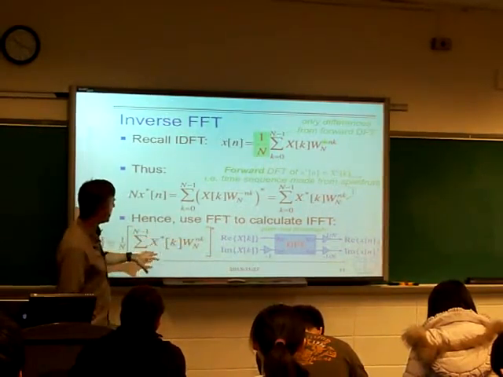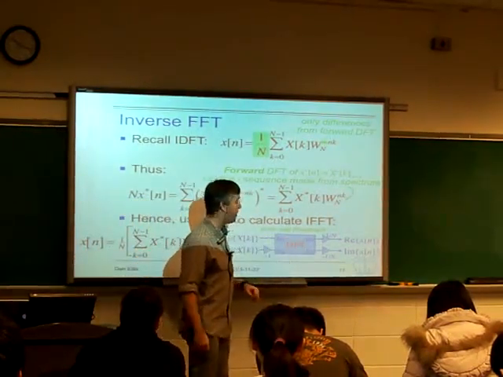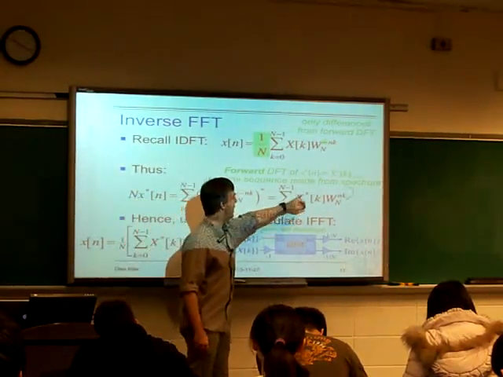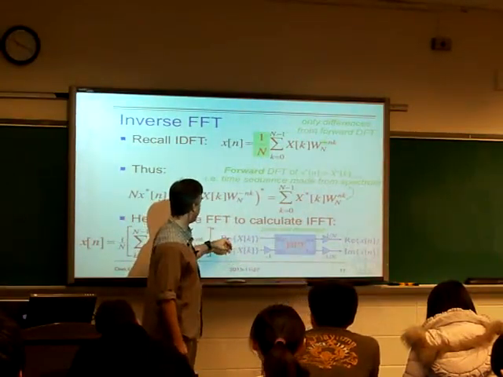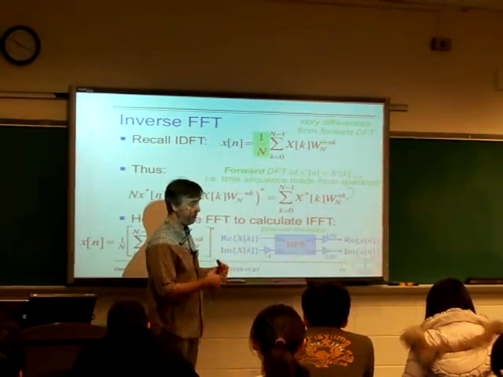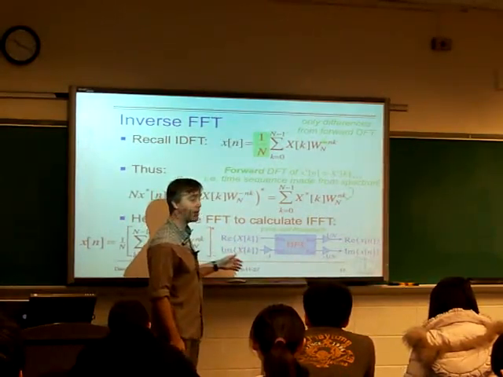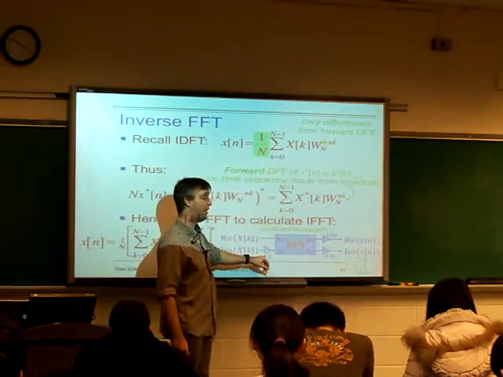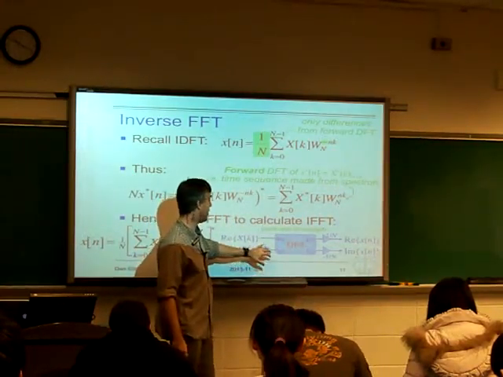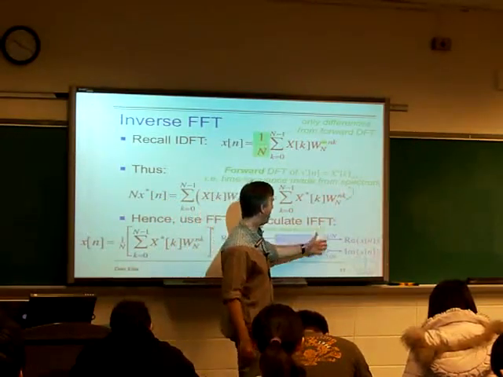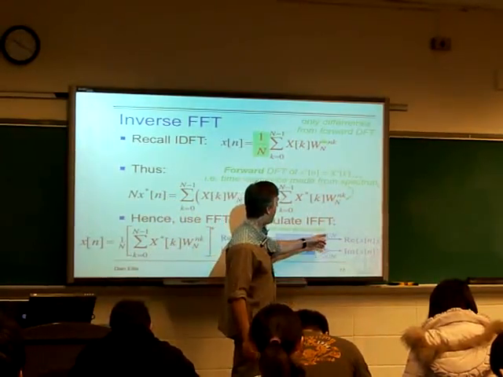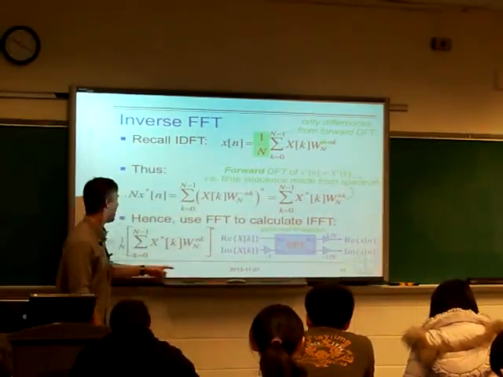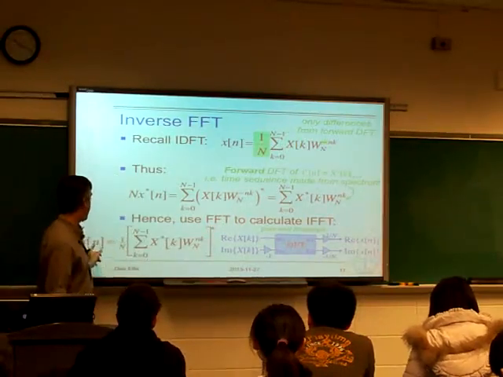And so what that means is if I've got this box here that calculates the DFT, I want to feed in x conjugate of k. So I've got x of k here, and assuming we've got some kind of Cartesian representation where the real and imaginary parts are represented separately, then to get x conjugate of k, I just flip the sign of the imaginary part, multiply this by -1, plug it into my DFT box, get the real and imaginary parts out here, and then from the output I scale by 1 over n, and I flip the sign of the imaginary part again to get the conjugate here, and then I get x of n out.